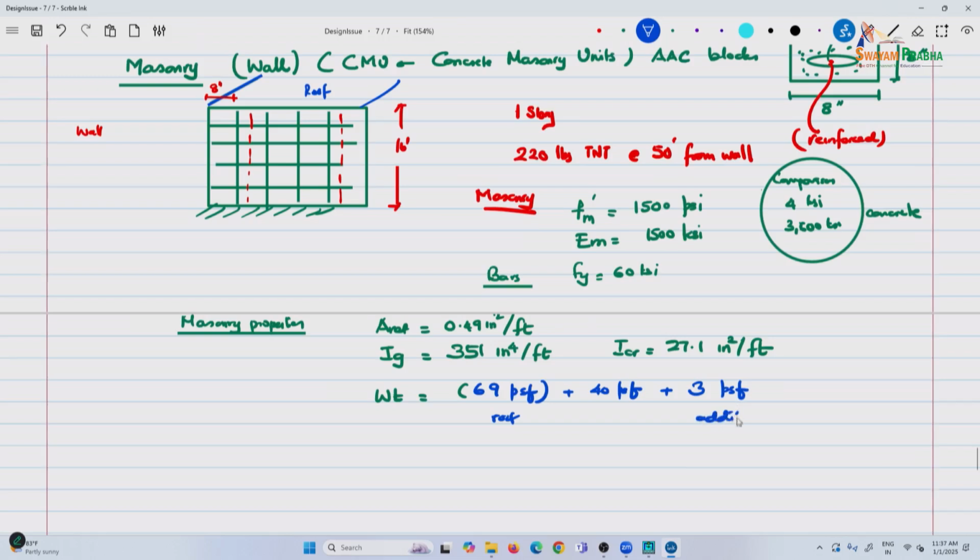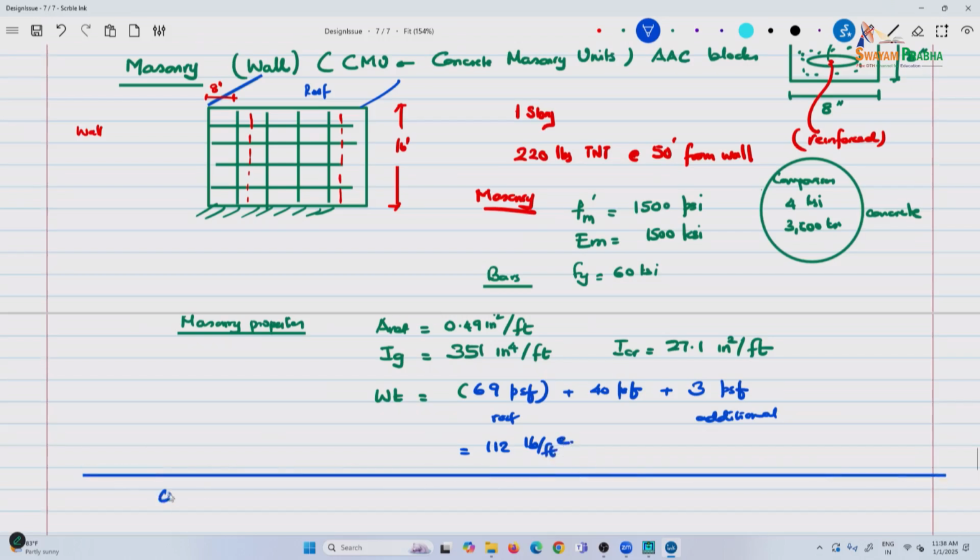That number just depends on additional dead loads, such as waterproofing and other such things on top that you could add. So, all of it, let us say, is given to be 112 pounds per square foot. What is the question? Is the wall safe?